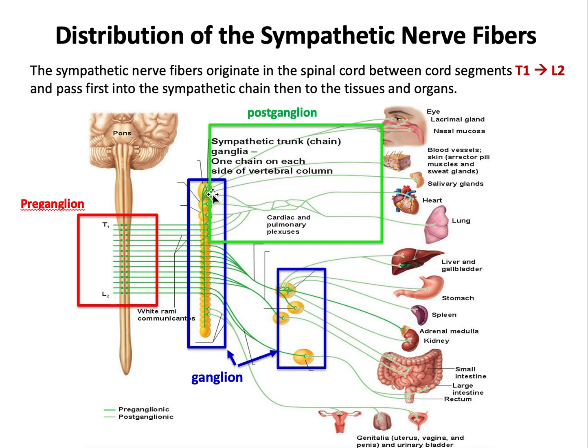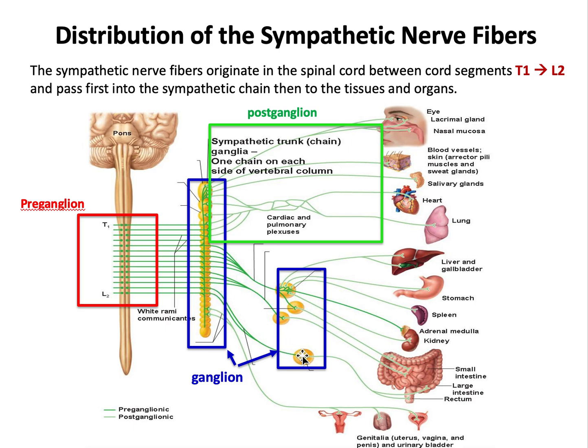It's an interconnected network of ganglia, and it allows these preganglionic fibers to potentially travel up or down so that they can exit at different levels to synapse with postganglionic fibers at different levels, okay? It's a cluster of cell bodies, an interconnected network. So some of these preganglionic fibers will synapse in the chain ganglia.